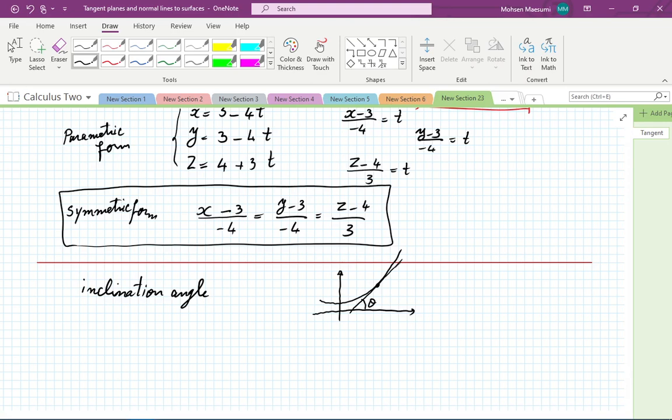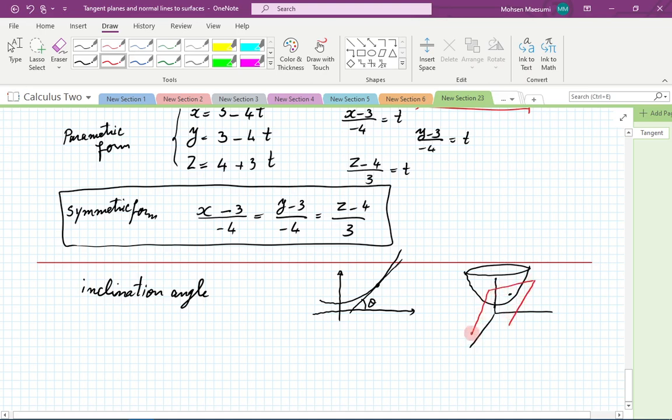What we are after now is, what if we were in a higher dimension? Suppose we have a surface here, and at some point on the surface we draw a tangent plane. The question is, what is the angle between this tangent plane and the xy plane?